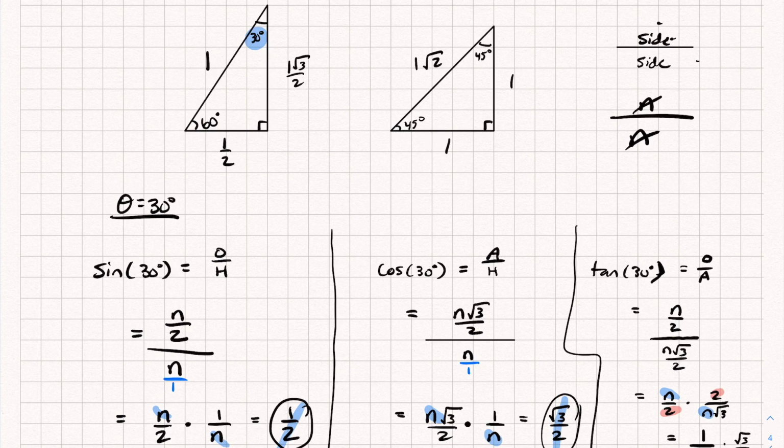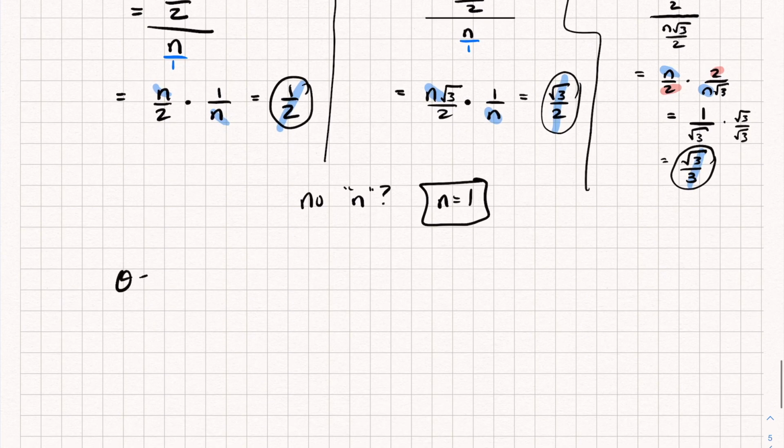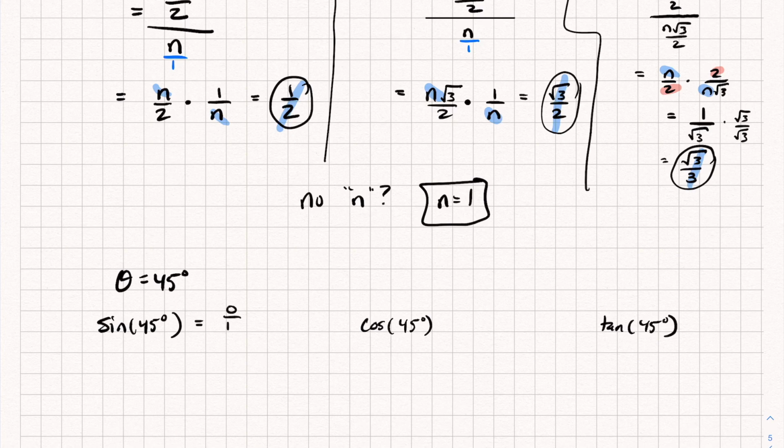So theta is 45 degrees. I want to find sine of 45, cosine of 45, and tangent of 45 for my triangles. Sine is opposite over hypotenuse. Cosine is adjacent over hypotenuse.